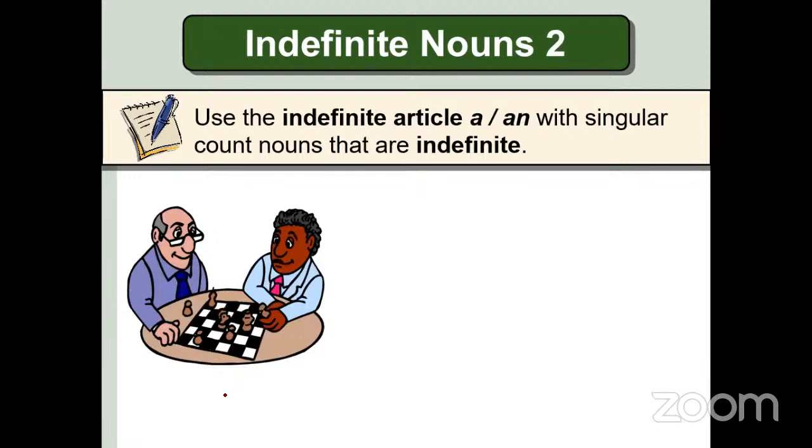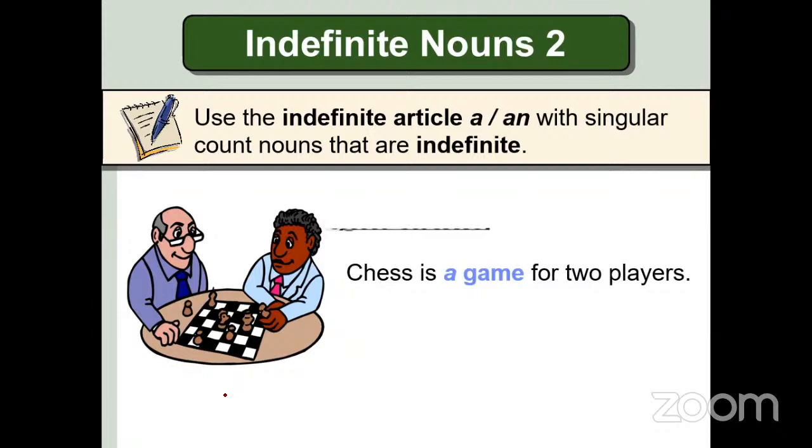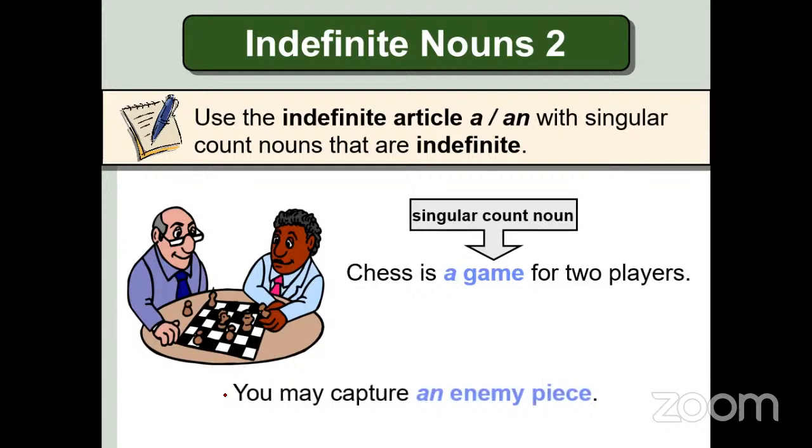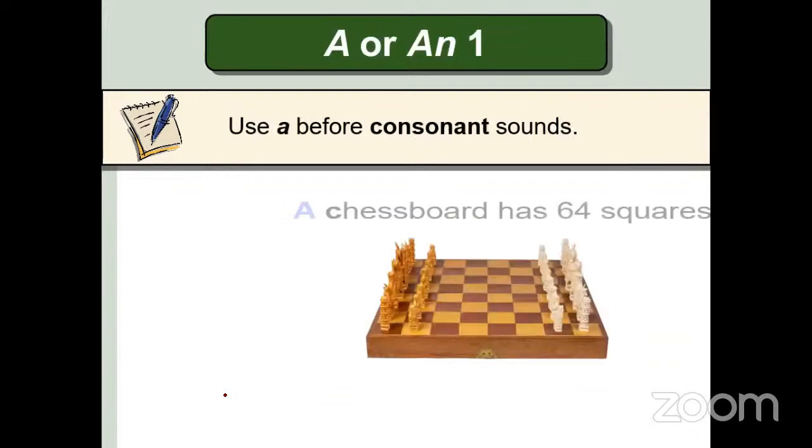Use the indefinite article a and an with singular count nouns that are indefinite. Chess is a game for two players. The next one is: you may capture an enemy piece. Singular count noun. A chessboard has 64 squares.